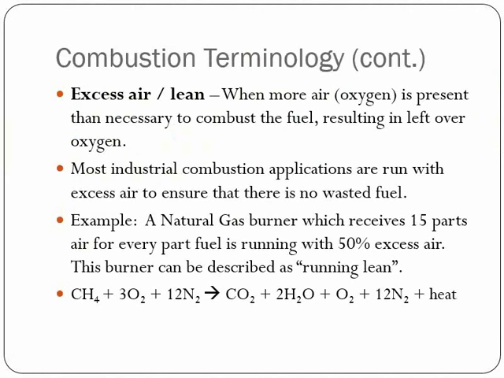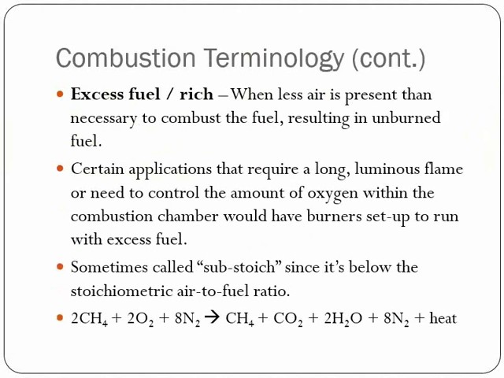We have 5 additional parts of air that are going along for the ride, and that air is considered our excess air. So we can describe this burner as running lean, and we can take a look at the sample equation below, showing that we have oxygen and 12 parts nitrogen now on the right side of the equation.